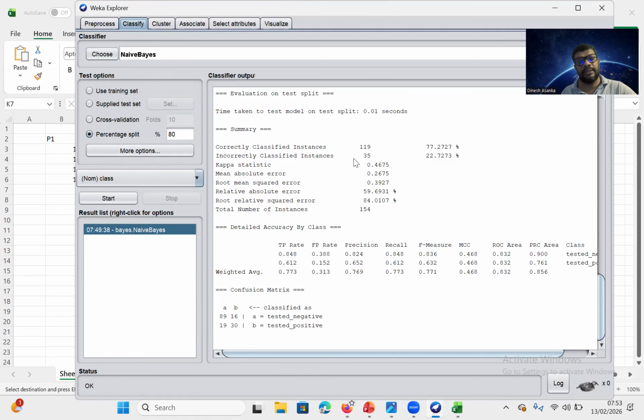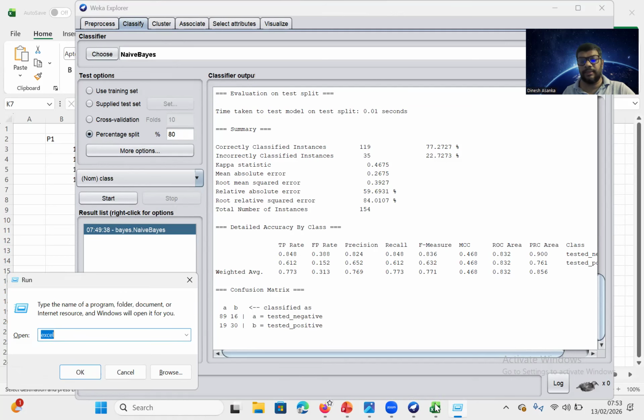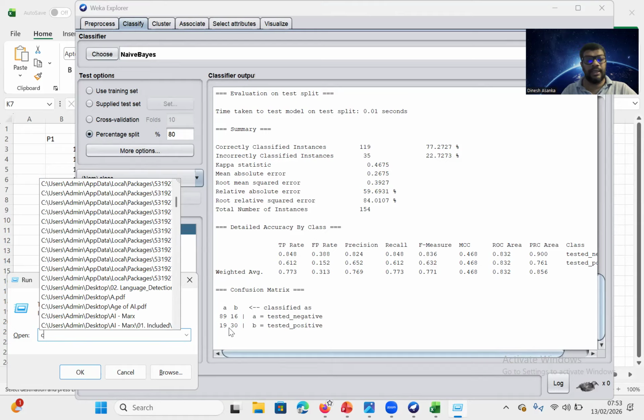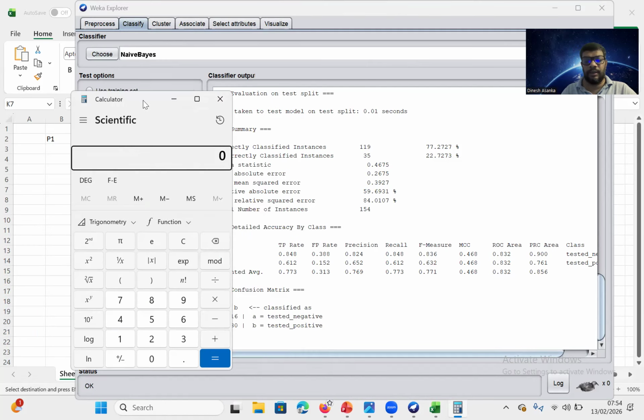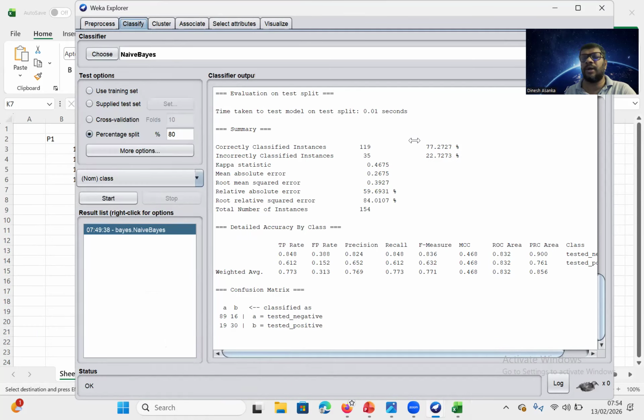So if we calculate the accuracy, 119 divided by 154, which is 77.2%. Right? That's how you calculate the accuracy. Then the question is, is accuracy enough?